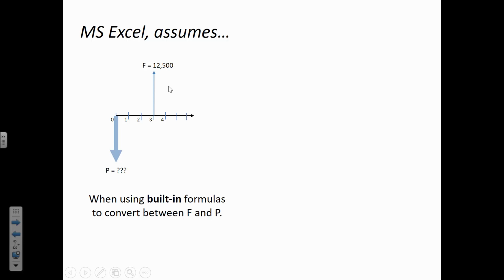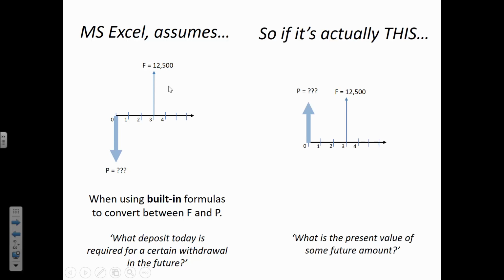Sometimes that's what we want it to do, sometimes we don't want it to change the sign. There may be situations where what we want to find is the magnitude of the present value, but we don't want Excel to change the sign for us. It does it by default, that's the convention.